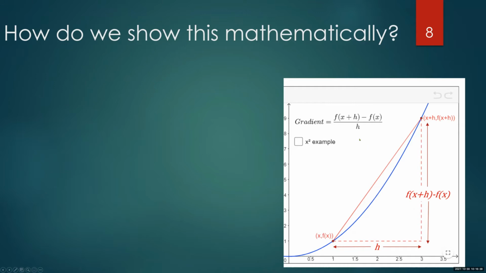And so the gradient, the slope of our hypotenuse, is f of x plus h minus f of x all over h. So the slope of the line, that's y minus y1 all over x minus x1, and that's equal to f of x plus h minus f of x all over h.